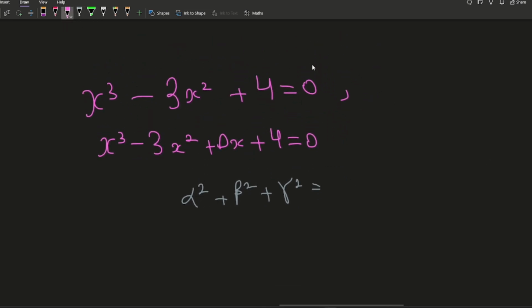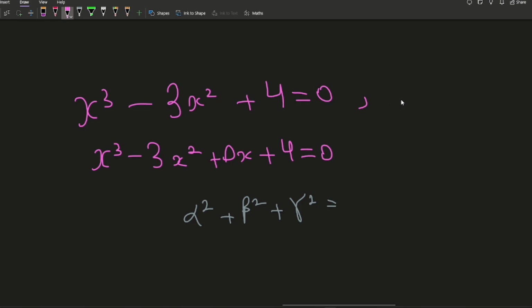Our three roots are alpha, beta, and gamma.